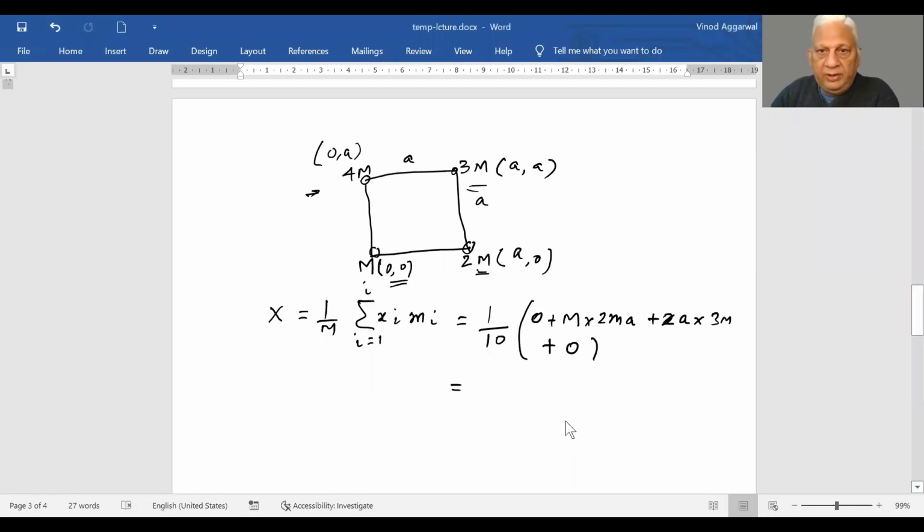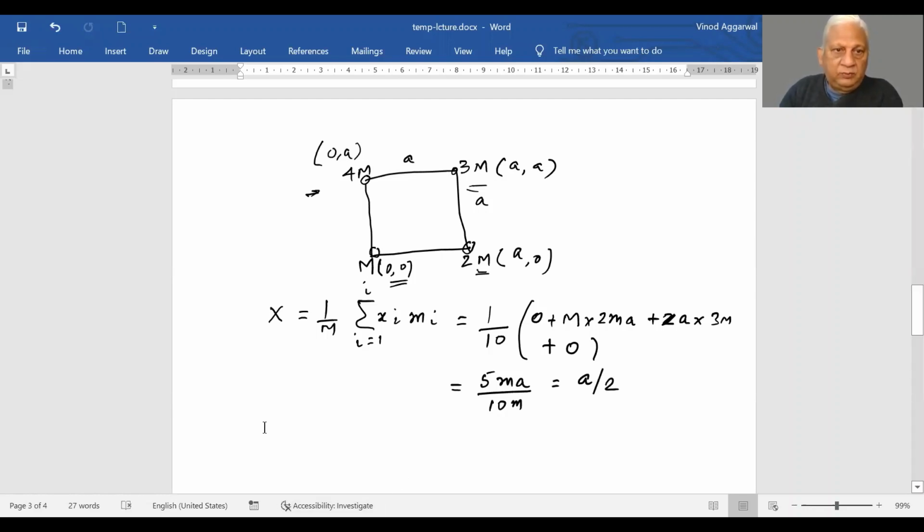This distance is a. So this becomes 5ma over 10m.